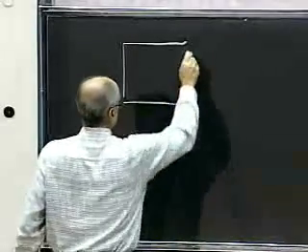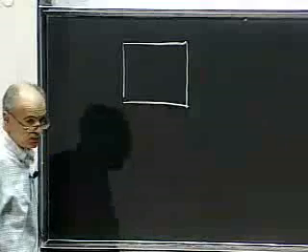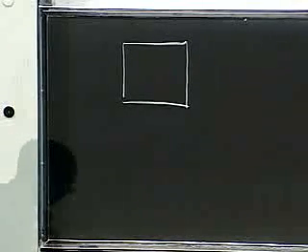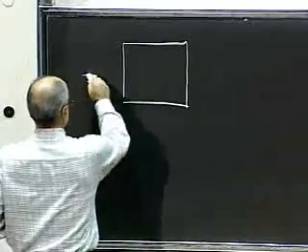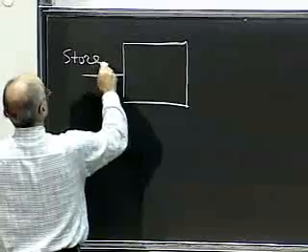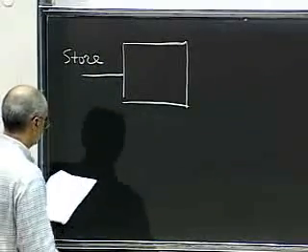So imagine a block which needs to be populated by transistor, resistor, capacitor, whatever elements. And it has a control input, which we will call the store.